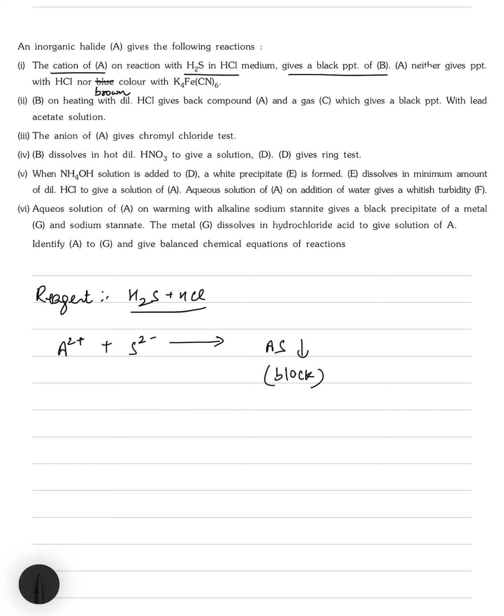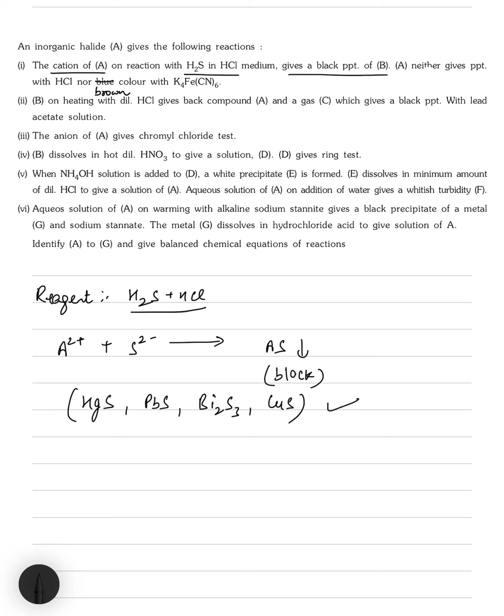They are either HgS, lead sulfide, bismuth sulfide, which is basically the Bi3+ ion, or copper sulfide, CuS. So these are the probable options we have for the cation A.